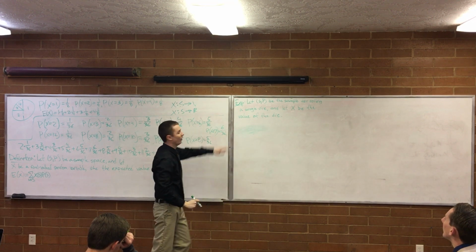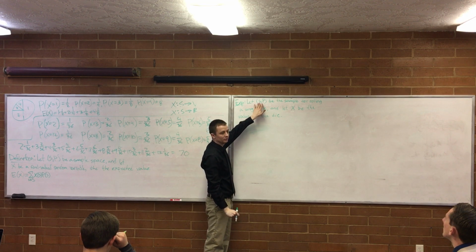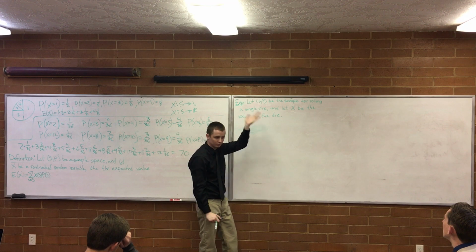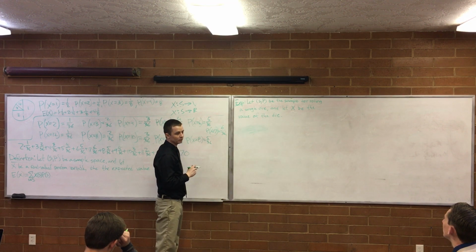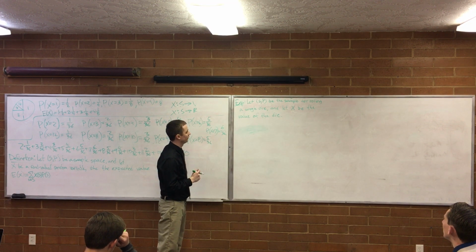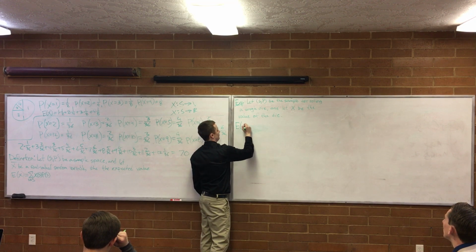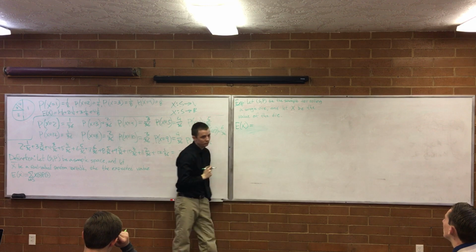So whatever our sample space is, we don't really care about this. X just assigns it the number on the die, and we'll say that P is 1/6 for everything. So each outcome is equally likely. All right, so what's the expected value of this random variable?